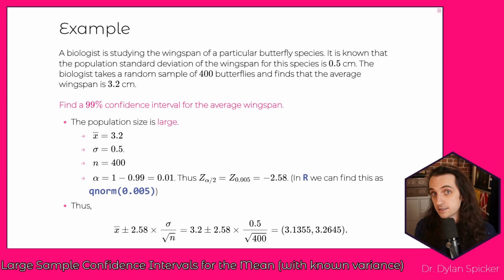The mechanics of calculating the interval end up becoming plugging into this not overly complex formula. The important piece is all of the work we had to do to get to this point. We had to be able to make use of the approximation based on the central limit theorem. We had to know that we could use the normal sampling distribution here.